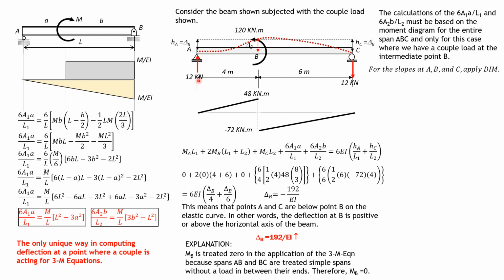Anyway, we have already calculated the reaction at A, which is 12. Imagine a section here so that our moment equation is applicable for the entire span. So our moment equation would be EI y double prime is equal to 12 times x, then minus 120, because it is located not at the origin but at a distance 4 meters to the right of point A, so we multiply 120 by quantity x minus 4, raised to 0, which is anyway equal to 1.